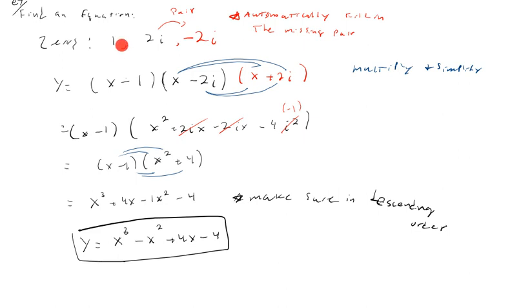Let's check this out on Desmos. What does x cubed minus x squared plus 4x minus 4 look like? So here's my Desmos. It looks like this. So there's my zero of 1. My other two imaginary zeros are locked away in the little loop, right?